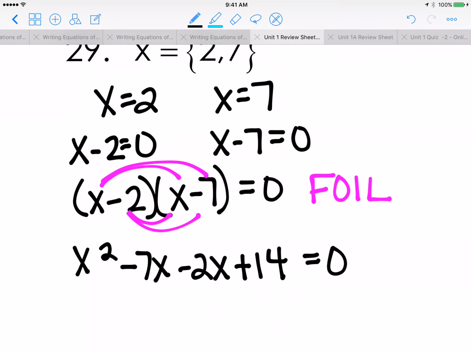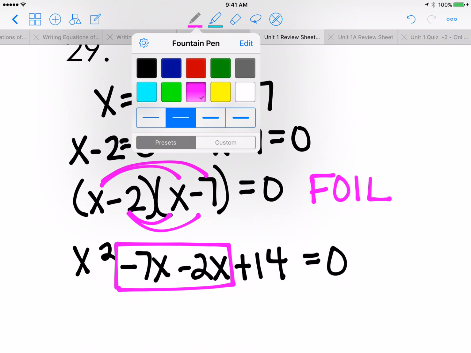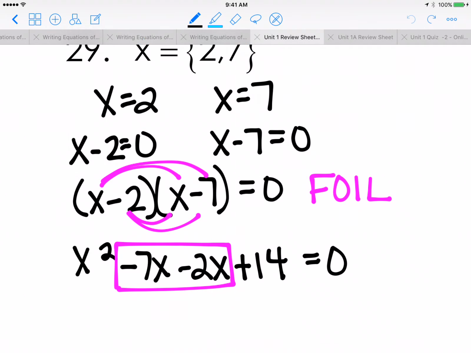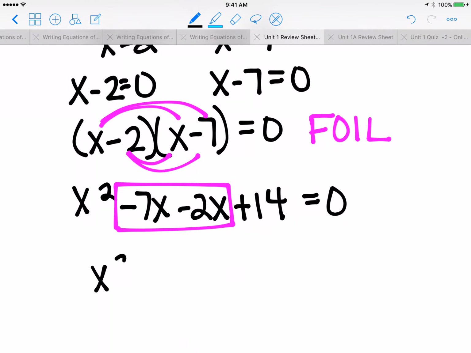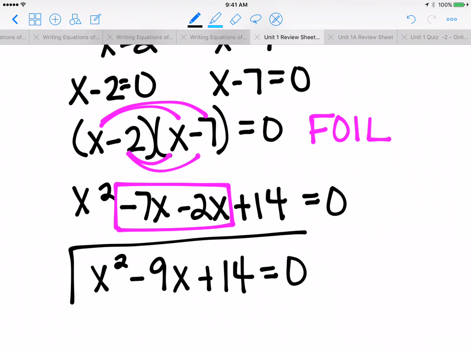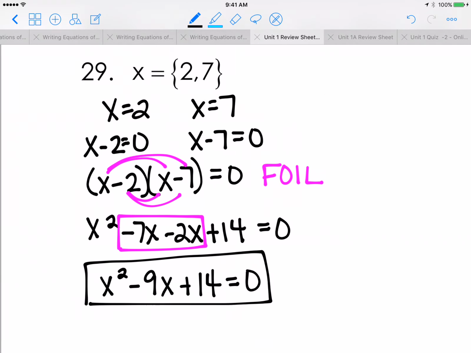Combine like terms. So x squared minus 9x plus 14 equals 0 is your answer. Okay, hopefully that made sense.